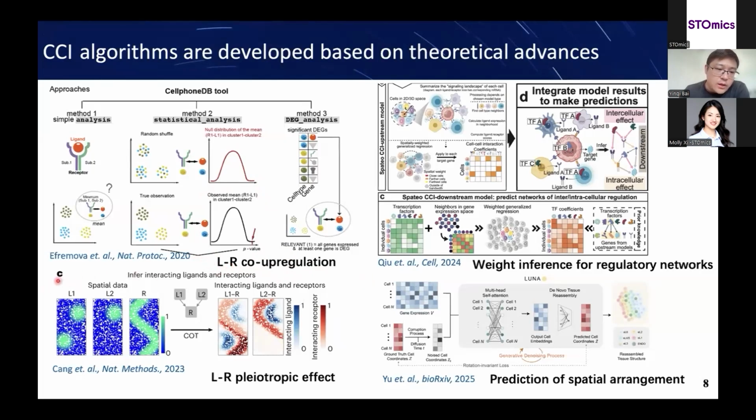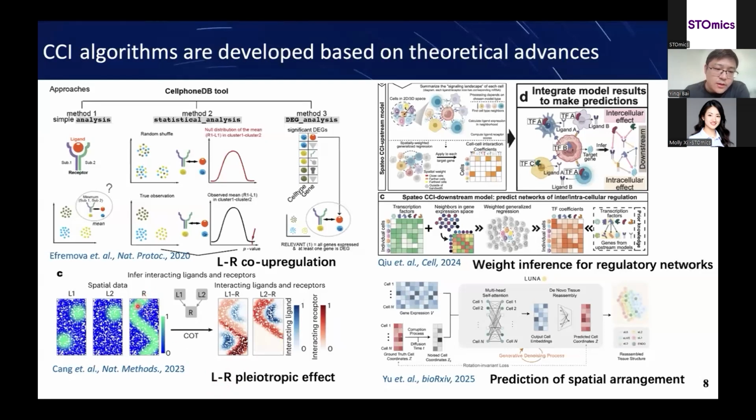However, when we face spatial transcriptome data, we can advance our method to calculate the pleiotropic effects of ligands and receptors. It means that one ligand can match more than one receptor, or one receptor can match back to several ligands.